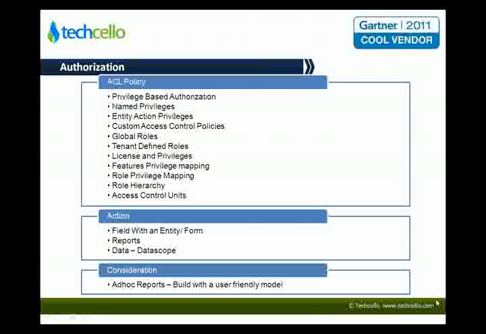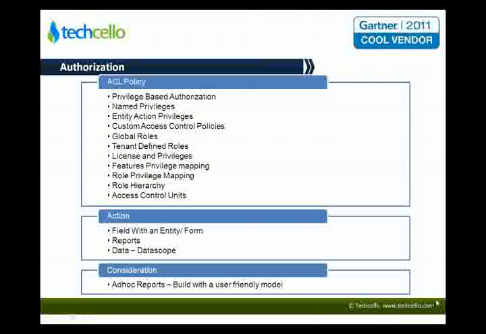So these are some of the considerations that you should have while building your authorization block, right? First, number one, you give a customizable role to the tenant, and that can be mapped to the privileges. Base your code or your entire application on top of privileges rather than roles.